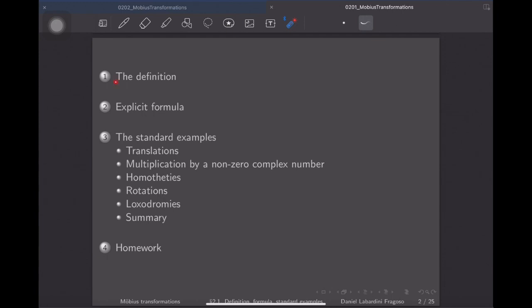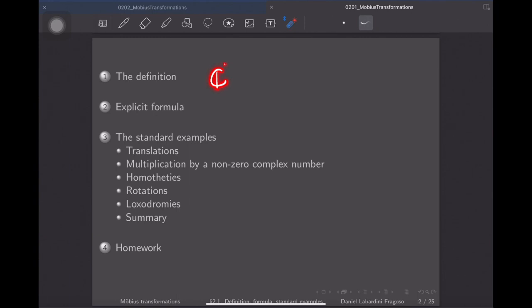So the definition was via linear algebra, as I said, and what I did was I considered an arbitrary bijective complex linear map from C2 to C2.